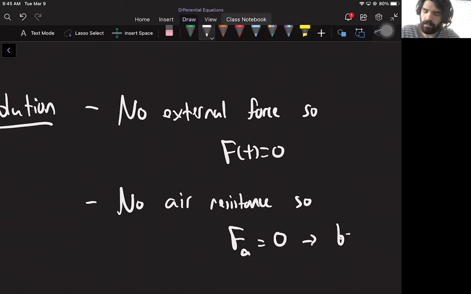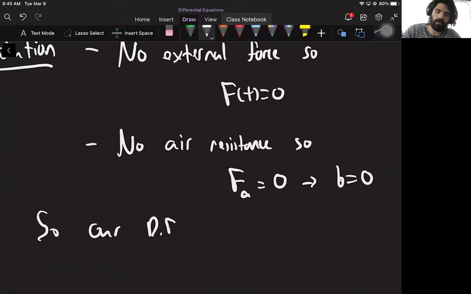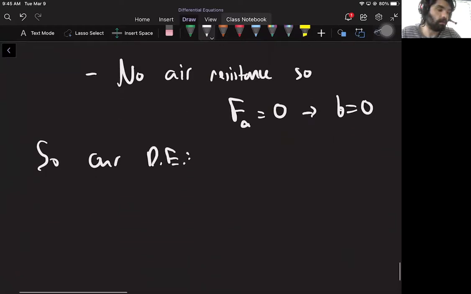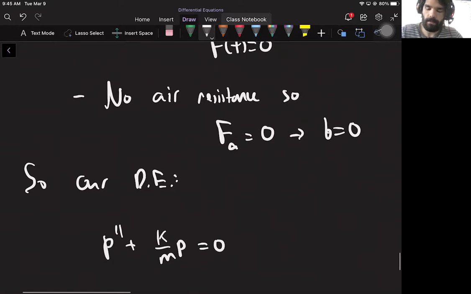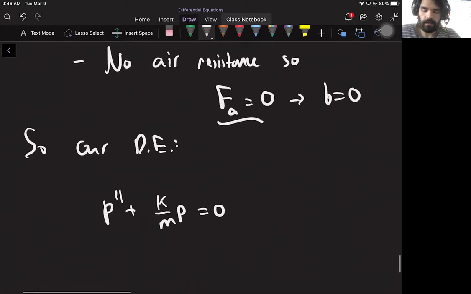Or you could just say, well, that means B is 0, the coefficient that was there for air resistance. So our differential equation for this specific situation just reduces to P double prime plus K over M P equals 0. So the air resistance is gone. The thing on the right is just 0. So we have a much simpler differential equation.